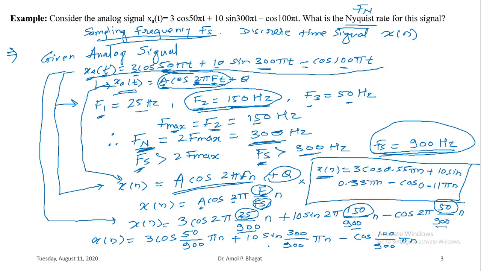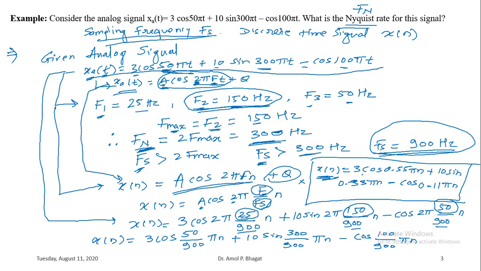And then we have multiplied this term, that is 2 multiplied by 25, that is 50 upon 900, 10 multiplied by 150, that is 300 upon 900, and 2 multiplied by 50 will be 100 upon 900. So finally we have computed these values and obtained the discrete time signal x of n.